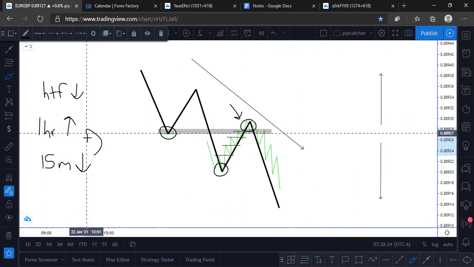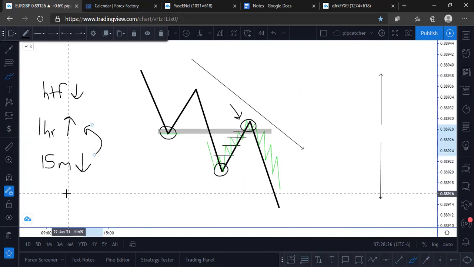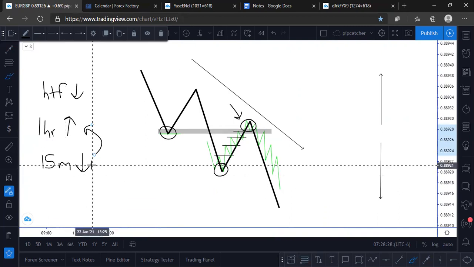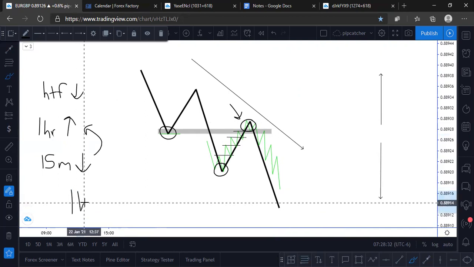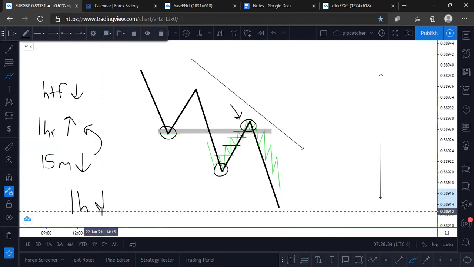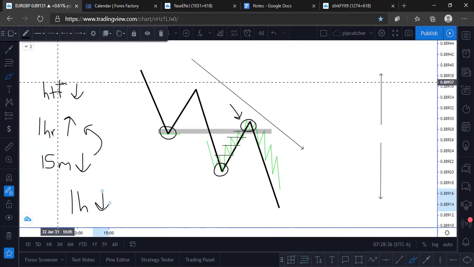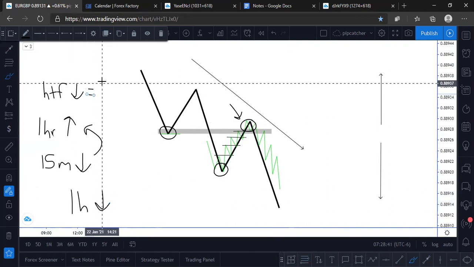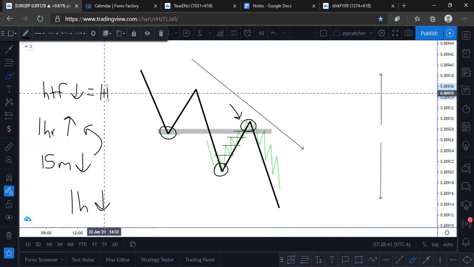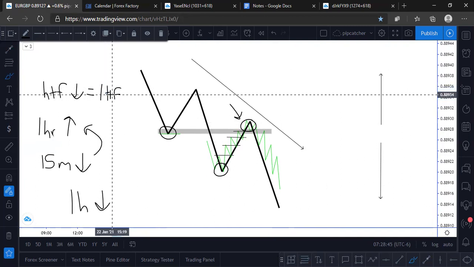And then with that, later on, you start to see your 1 hour go bearish as well. So you see the 1 hour start to go bearish. So now you got to think, okay, my higher time frame is now equal with my lower time frames, right?